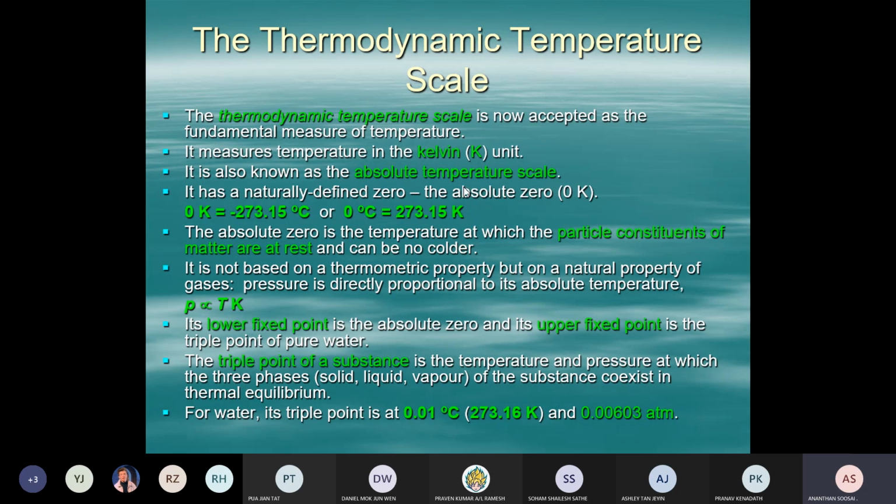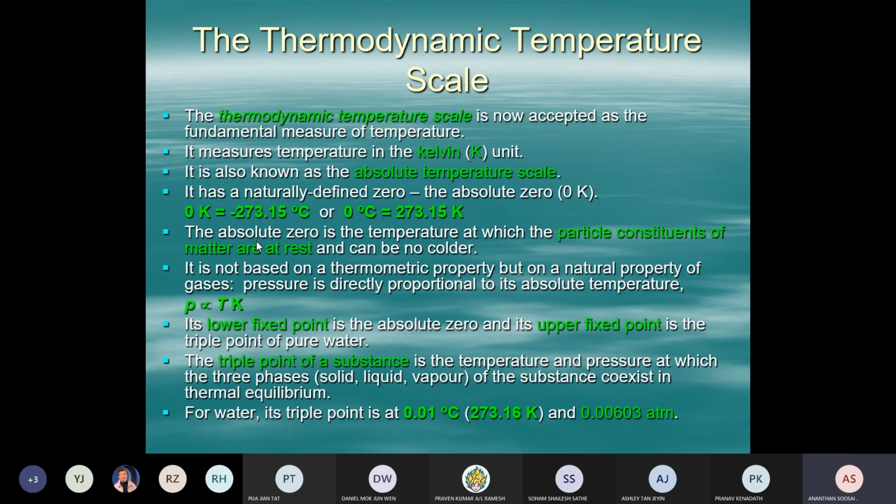What is so special about absolute zero? Absolute zero is the temperature at which the particle constituents of matter are at rest. It has zero kinetic energy. So absolute zero is a temperature where all the particles of the substance attain zero kinetic energy. This is also quite famous in exams.